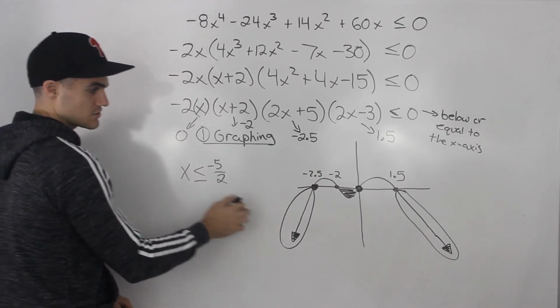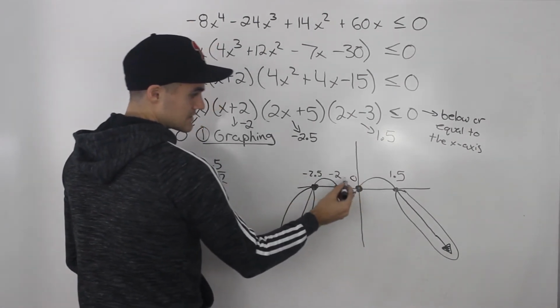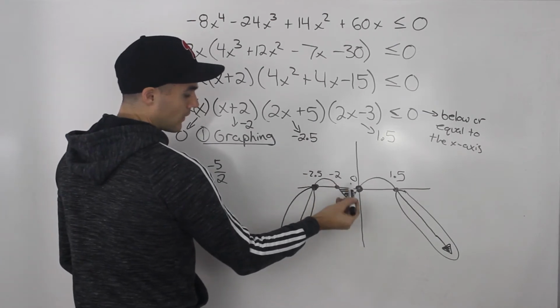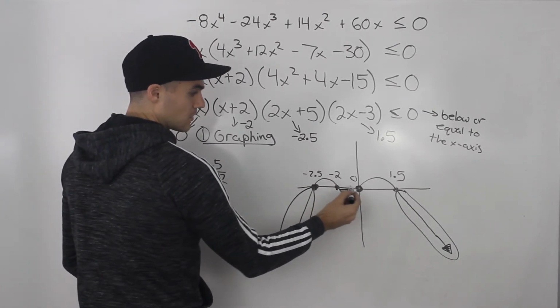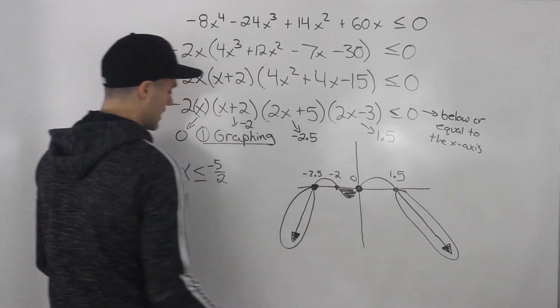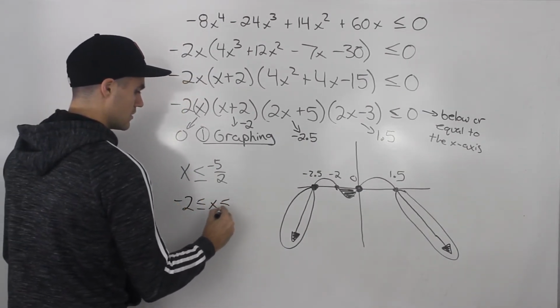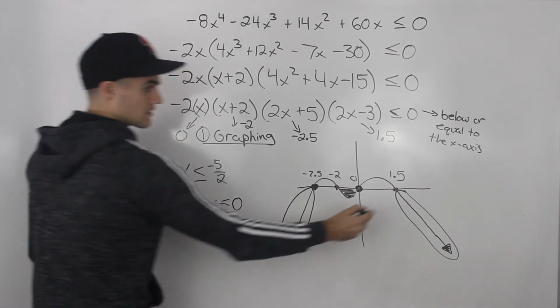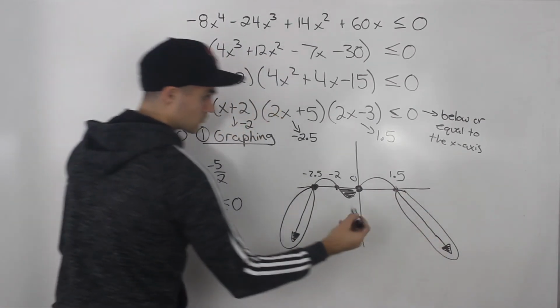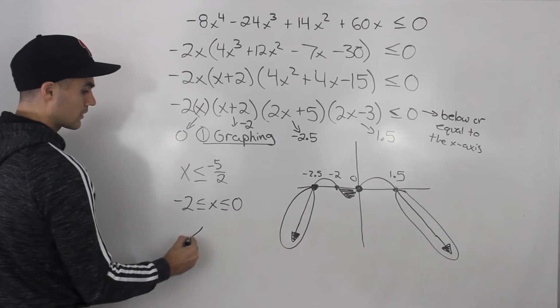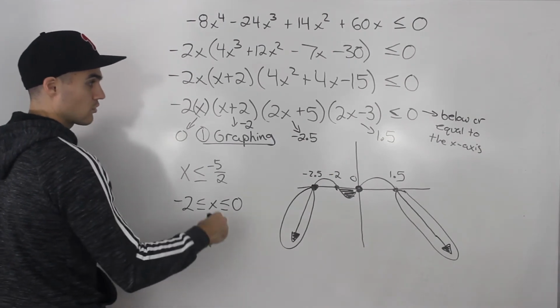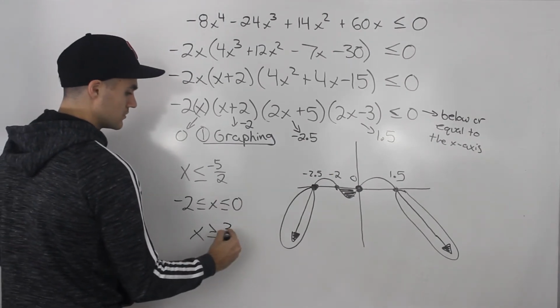So that's one of the answers. Next answer is when the x value is between negative 2 and 0, it's below the x-axis. So negative 2 and 0. And then over here, when x is greater than 1.5, or when x is greater than or equal to 3 over 2.